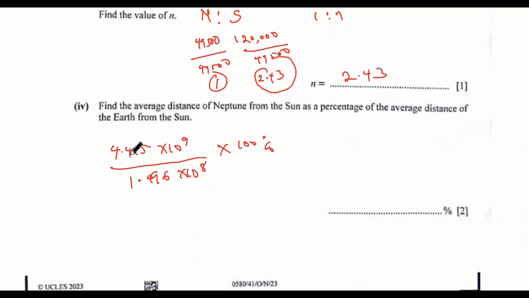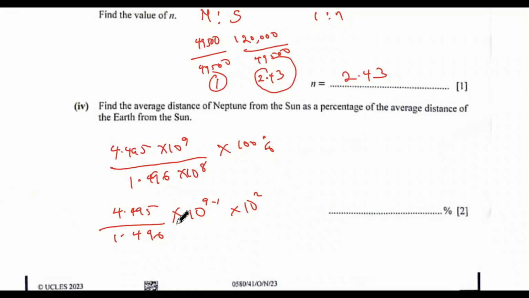100%. So these are standard form numbers. So we can divide 4.495 by 1.496, then times 10 to the power of division of indices, 9 minus 8, then times 10 to the power of 2 for the percentage.